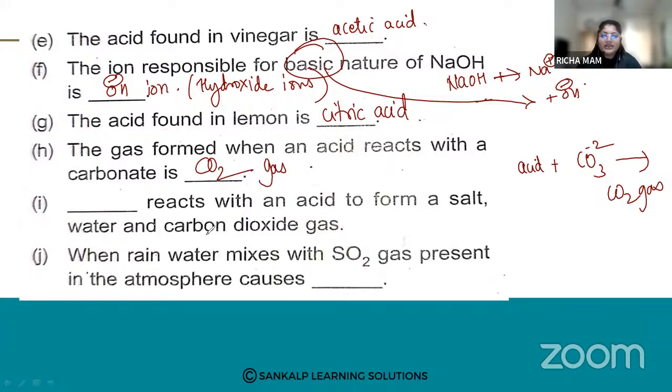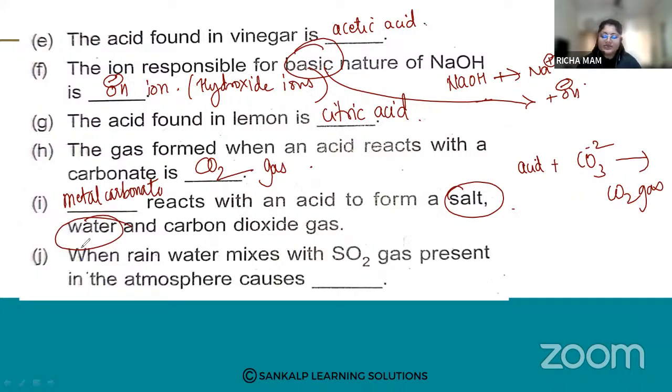Next one, dash reacts with an acid to form a salt, water, and carbon dioxide. So when you have a metal carbonate and it reacts with an acid, it gives you a salt, water and carbon dioxide gas.